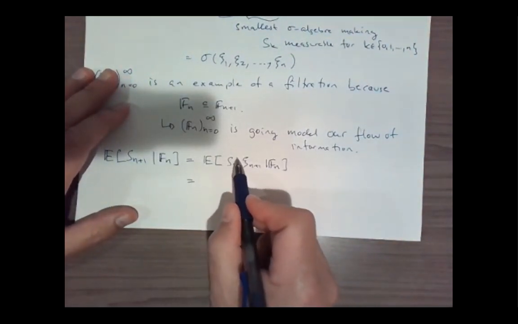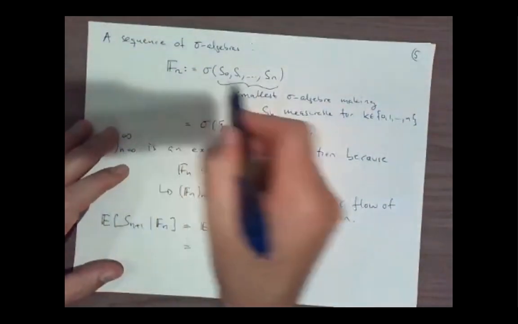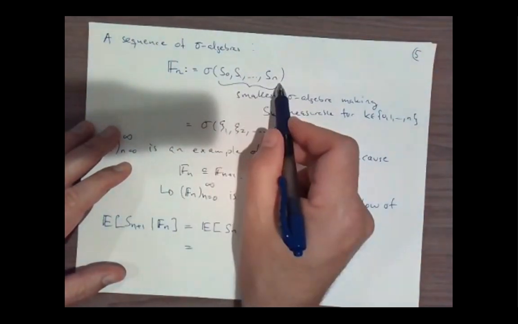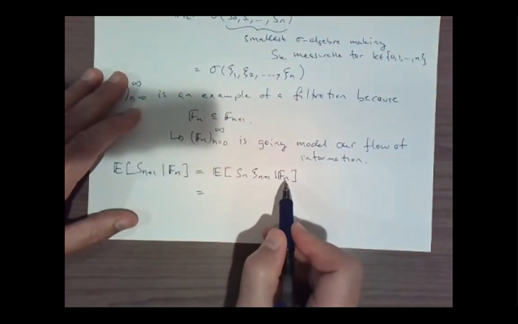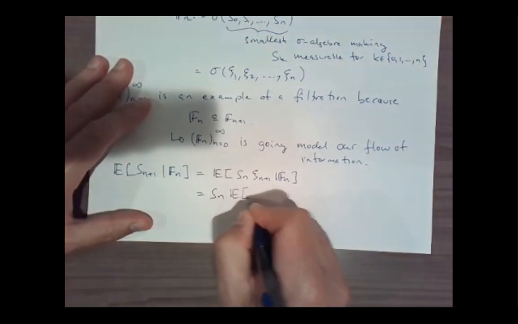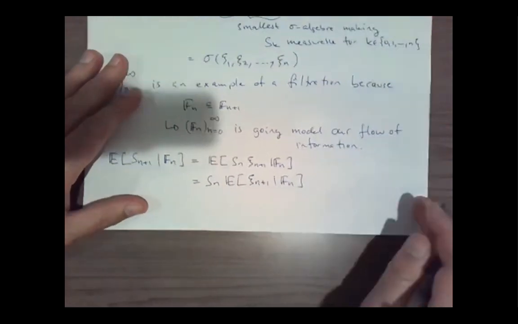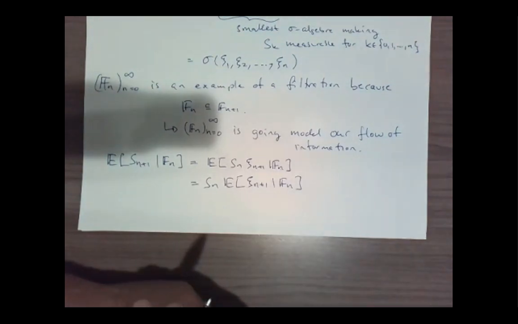Sn is already measurable with respect to Fn, because Fn makes all the previous stock prices, including the nth one, measurable. So here, Sn is already known, it's already observed by an investor that has access to the information in Fn. So we can pull it outside, and then we're left with the conditional expectation of the n plus 1th coin flip given the previous coin flips.